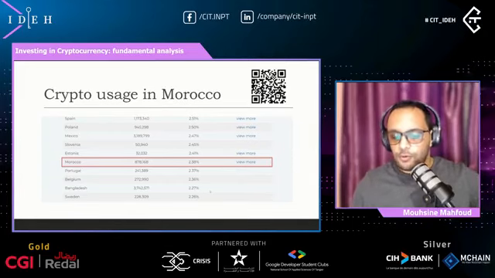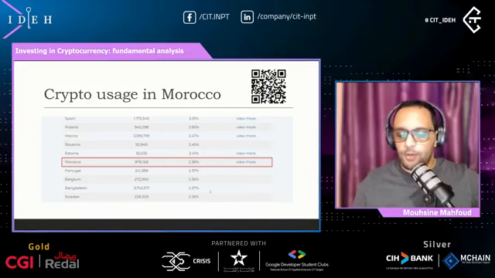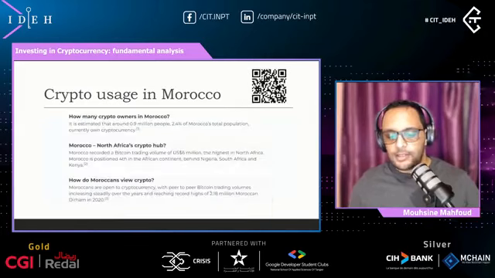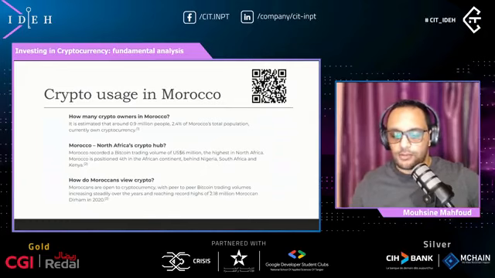Morocco was fourth behind Nigeria, South Africa, and Kenya with a whopping $6 million trading volume of peer to peer cryptocurrency trading, reporting as well 0.85 million Moroccans. That's close to 1 million Moroccans that own cryptocurrencies, which is about 2.38% of the total population, despite the ban. This can tell you how much our country is involved in this topic.